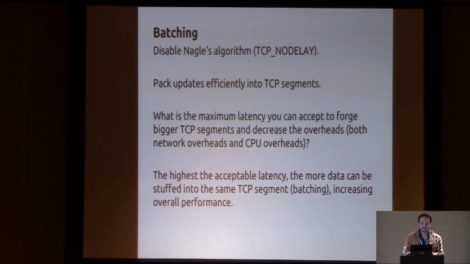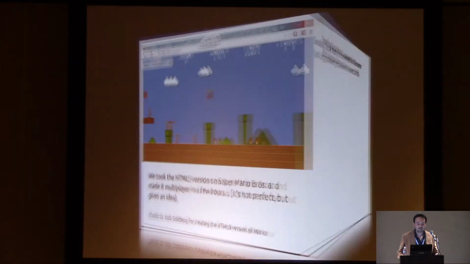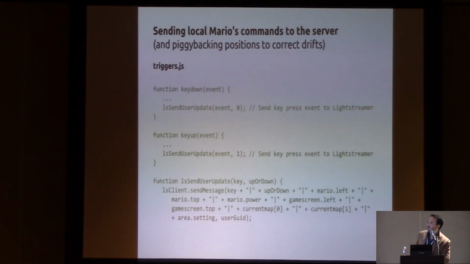Sorry. Here we are. So I'll show you some of the key code that we added to the original implementation of this game. So what implementation model did we use based on the model I showed you before? This is a hybrid approach. What we do is send the local Mario's commands to the server.